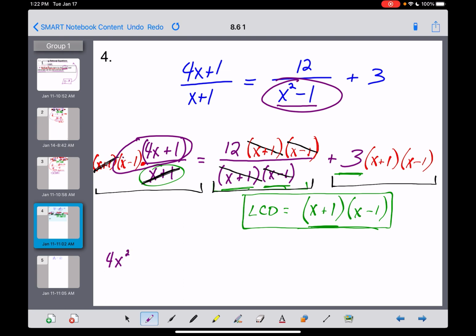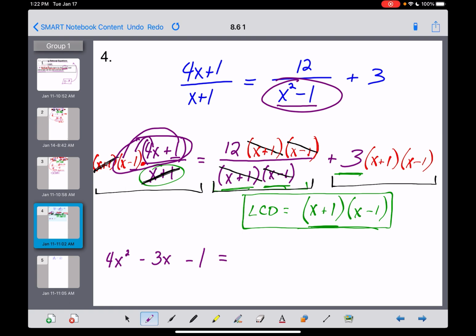Now the outer product, x times 1 is 1x. The inner product right here, negative 1 times 4x, is a negative 4x. So mentally, let's combine a positive 1x and a negative 4x. That'll get us a negative 3x. And then our last product, negative 1 times positive 1, is negative 1. Equals, now what happens here?